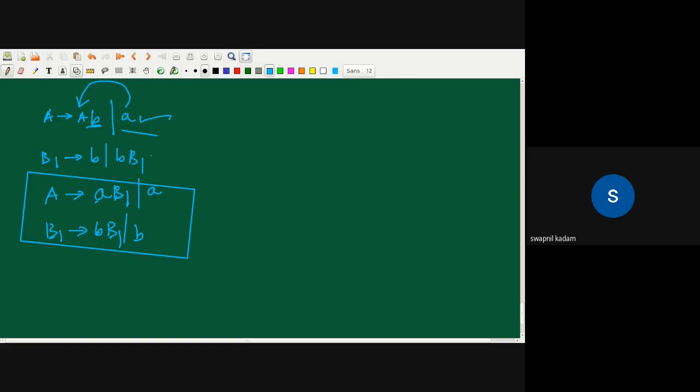This A production will remain as it is. Whatever productions I am getting are in a GNF format. Whatever substitution we are doing should be in a GNF format; that care we should take. Okay, so in this way you can convert a given grammar to a GNF format.